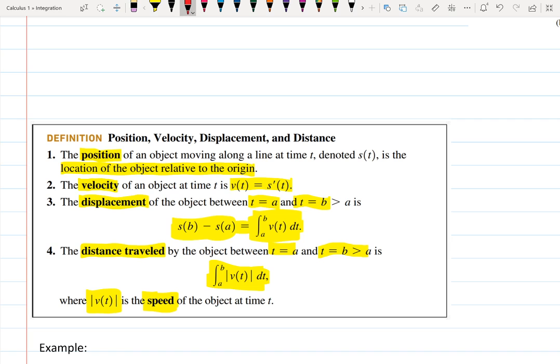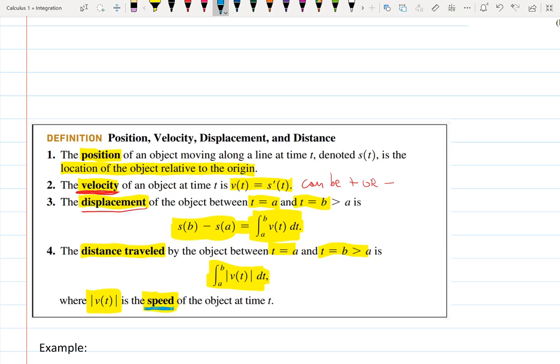So velocity can be positive and negative, if you think about that, right? The speed can be increasing or decreasing. But velocity has a sign, so it can be plus or minus. Then displacement has a sign as well, plus or minus. However, the speed has no sign.